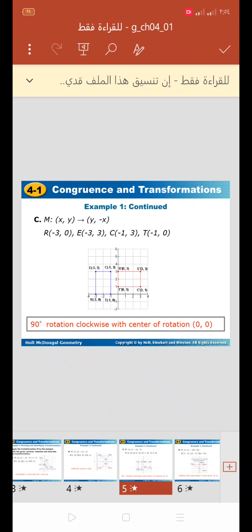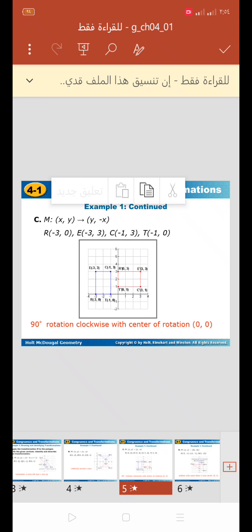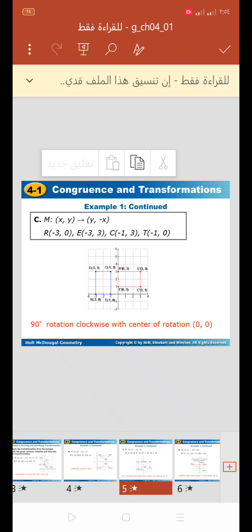This rule is a 90 degree clockwise rotation with center of rotation (0, 0), and the center doesn't change. R is (negative 3, 0), E is (negative 3, 3), C is (negative 1, 3), and T is (negative 1, 0).